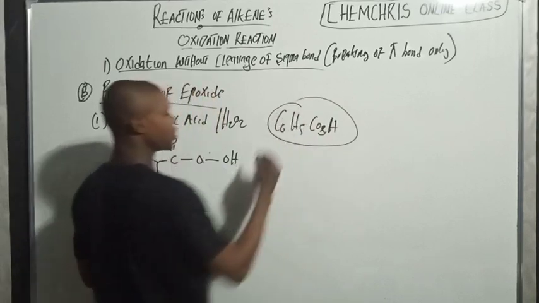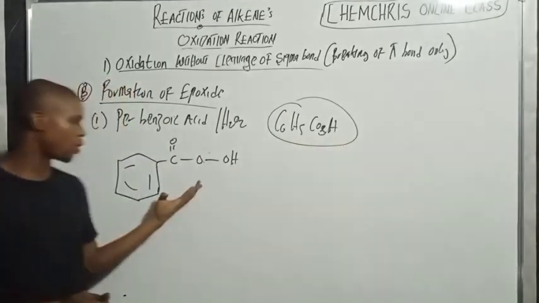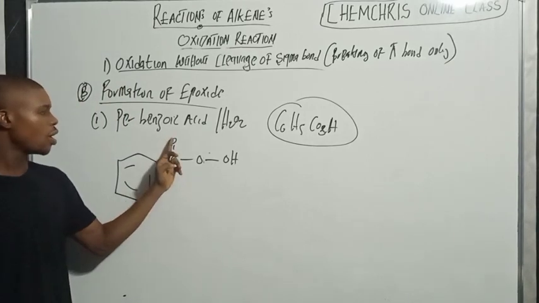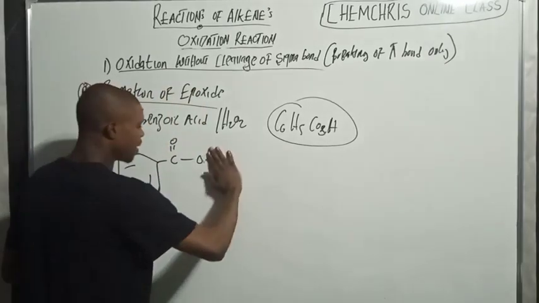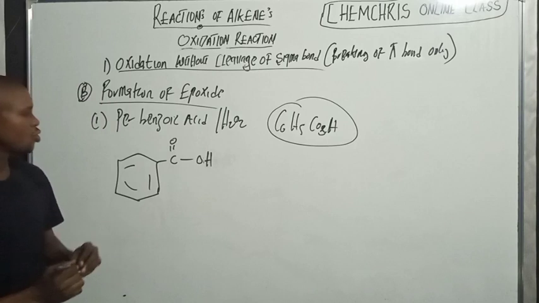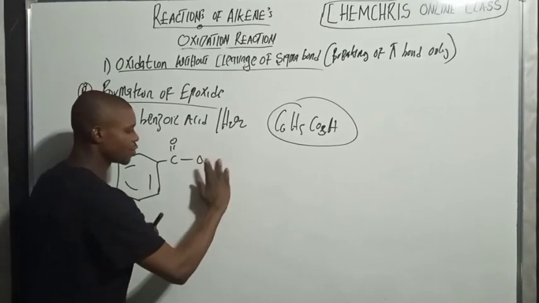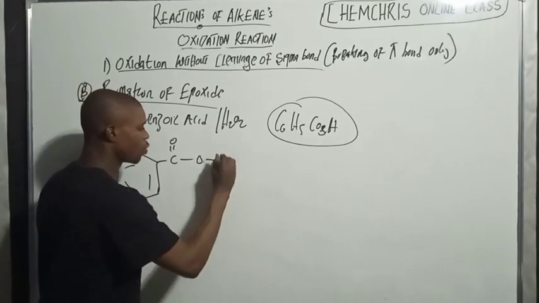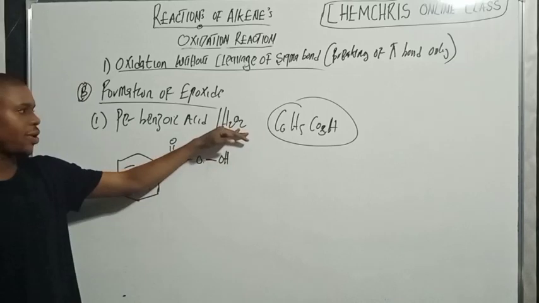It's called perbenzoic acid, which is this one here. How many oxygens? Three oxygens here. It is really derived from benzoic acid. Look at benzoic acid here. But when we talk about benzoic acid, this hydrogen is being removed by OH, which is the other one here. You understand? In the presence of a peroxide.